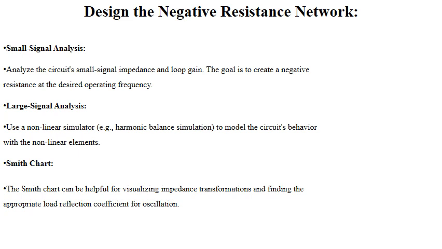Large signal analysis: to do the large signal analysis, we need to use a nonlinear simulator, harmonic balance simulation, to model the circuit's behavior with the nonlinear elements. There is a specific chart, that is the Smith chart. The Smith chart can be helpful for visualizing impedance transformation and finding the appropriate load reflection.